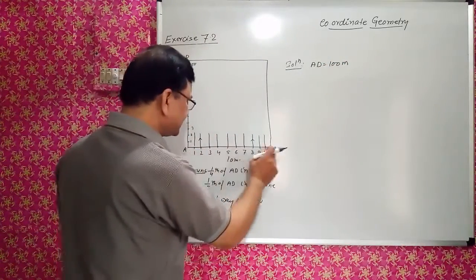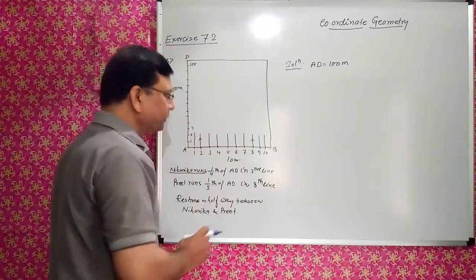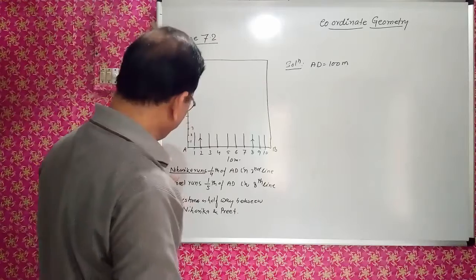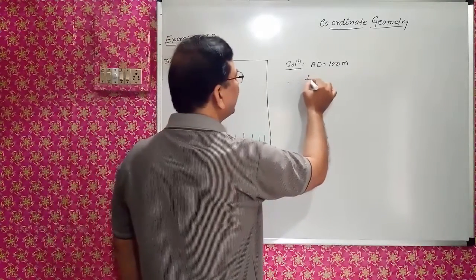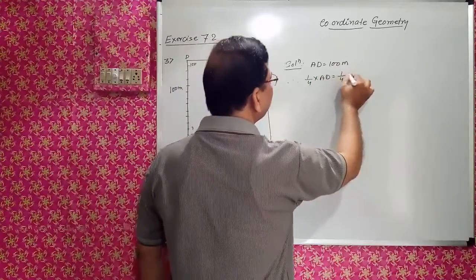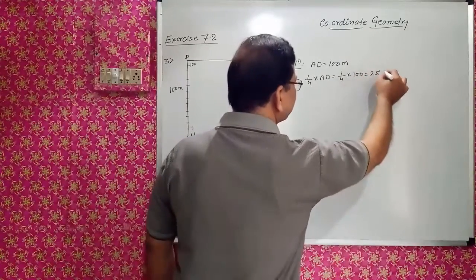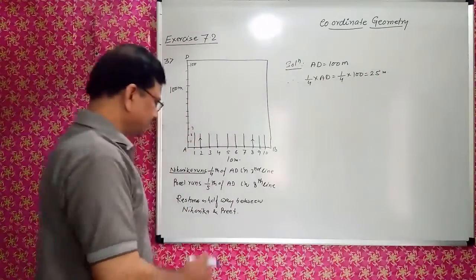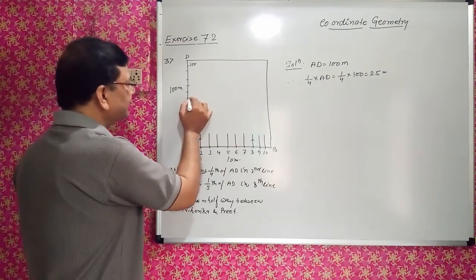And the marks are already there, 1 meter, 2 meter, 3 meter and all. So Niharika runs 1/4 of AD. Therefore 1/4 of AD is equal to 1/4 into 100, that is 25 meter. Means Niharika reaches at the distance of 25, somewhere here.